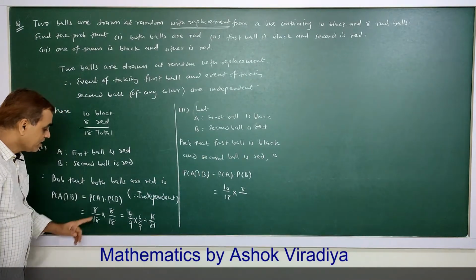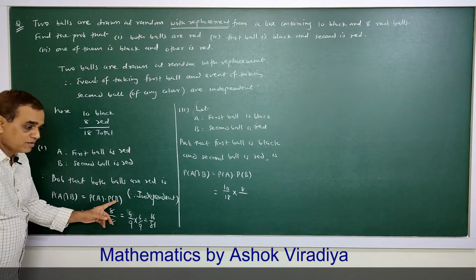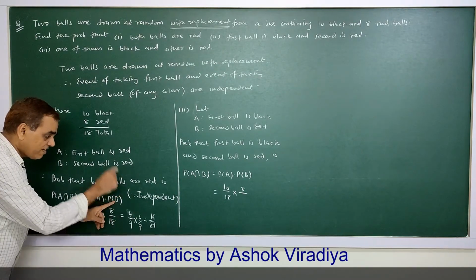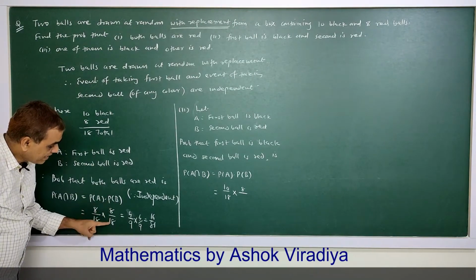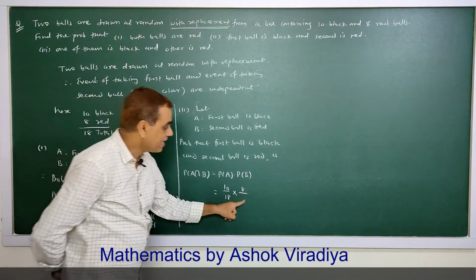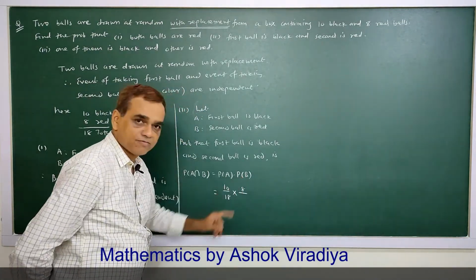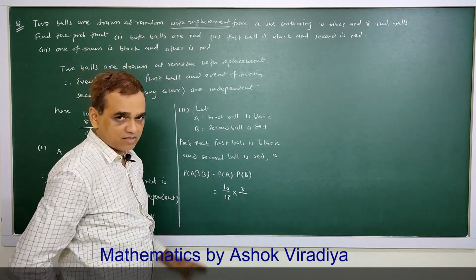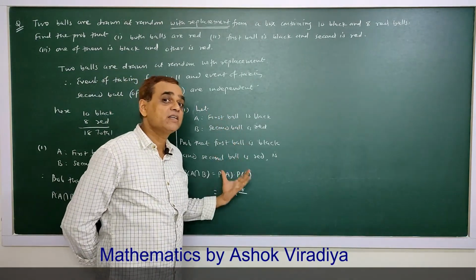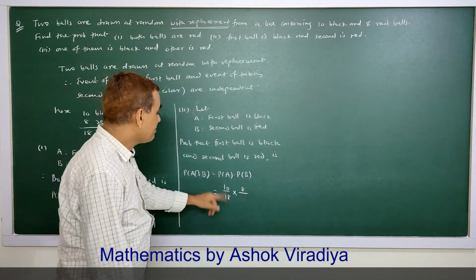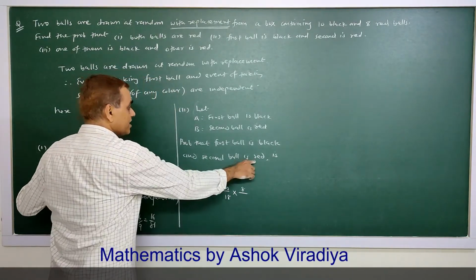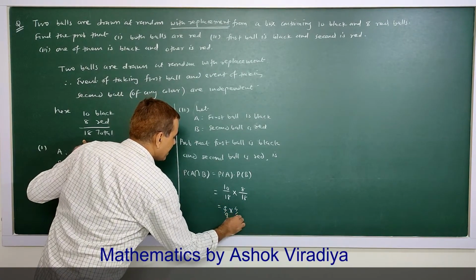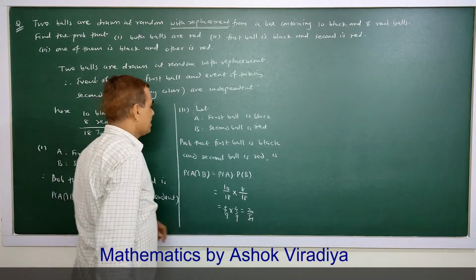You have to use the rule of multiplication: A occurs, then B occurs under the effect of A. So 1 number will be decreased, and the second event will be conditional. But because of with replacement it becomes independent. So 10 by 18 into 8 by 18, that is 5 by 9 into 4 by 9, so 20 by 81.